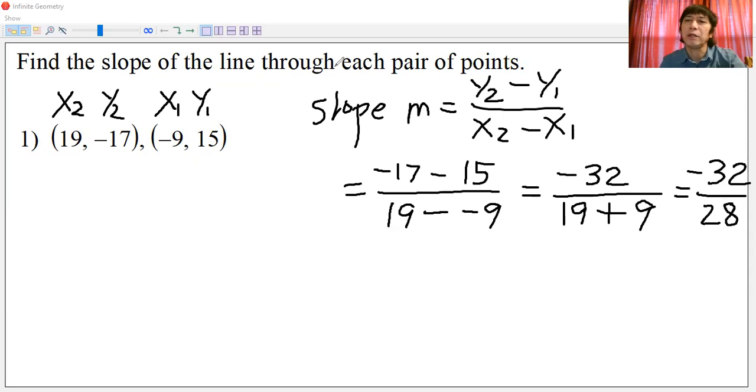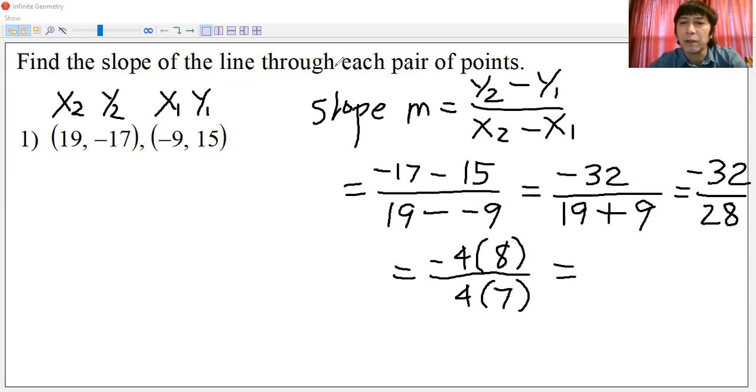And then that is reducible to some lowest term. This will be negative 4 times 8. These are the factors of 32. And 28 is 4 times 7. There. And the 4 cancels out with the other 4.